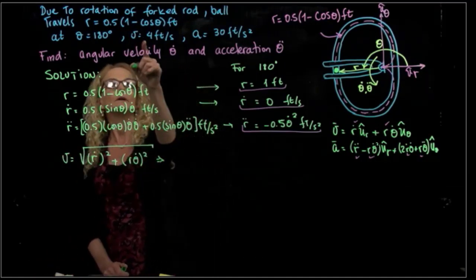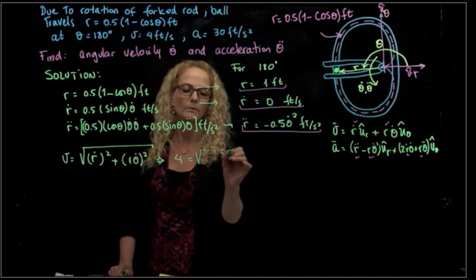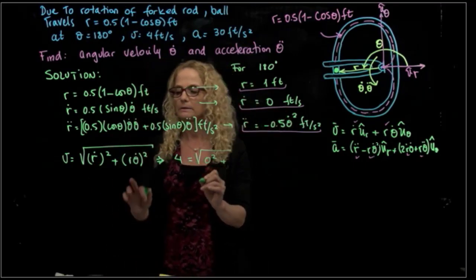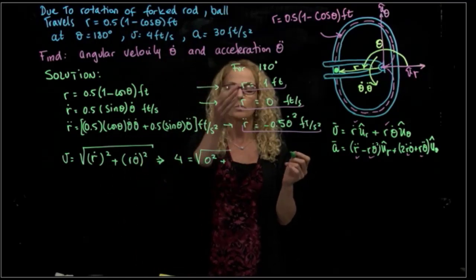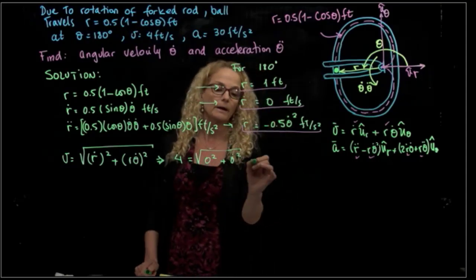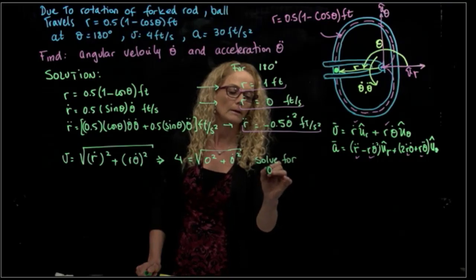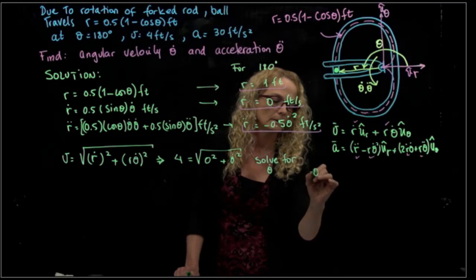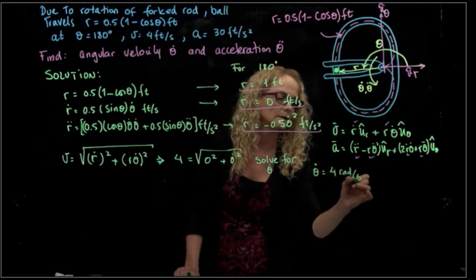This is given, 4 equals the square root of r dot, which we found is 0, plus r theta dot, where theta dot we don't know and r is 1, so theta dot squared. From here, we can solve for theta dot. We find that theta dot is equal to 4 radians per second.